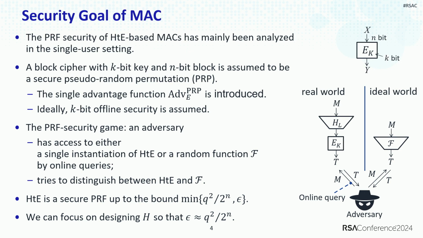The adversary's goal is to distinguish between HtE and the random function. It was proved that this construction is a secure PRF up to this bound. From this result, we can focus on designing the keyed hash function in HtE so that the probability epsilon is close to the other probability.